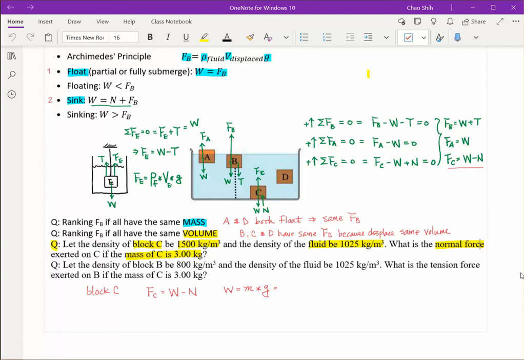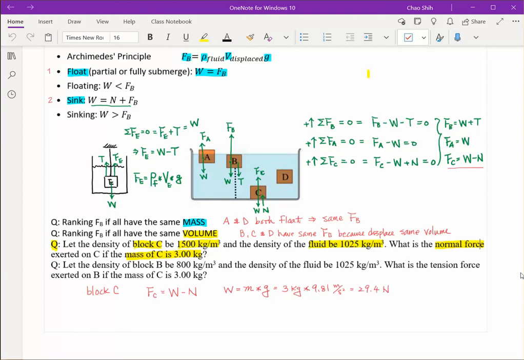So you have 3 kilograms times 9.81 meters per second squared. That will give you the weight of the object, and that is going to be in terms of Newton. So that turns out to be 29.4 Newton.